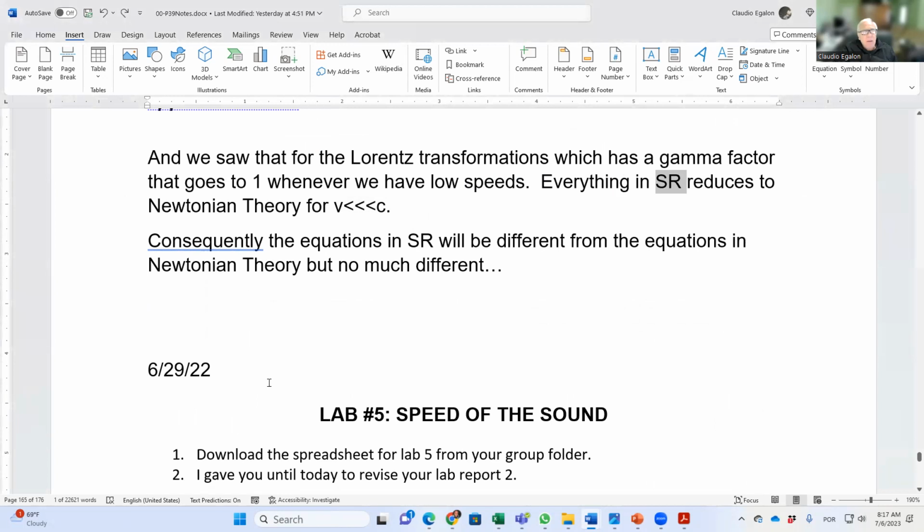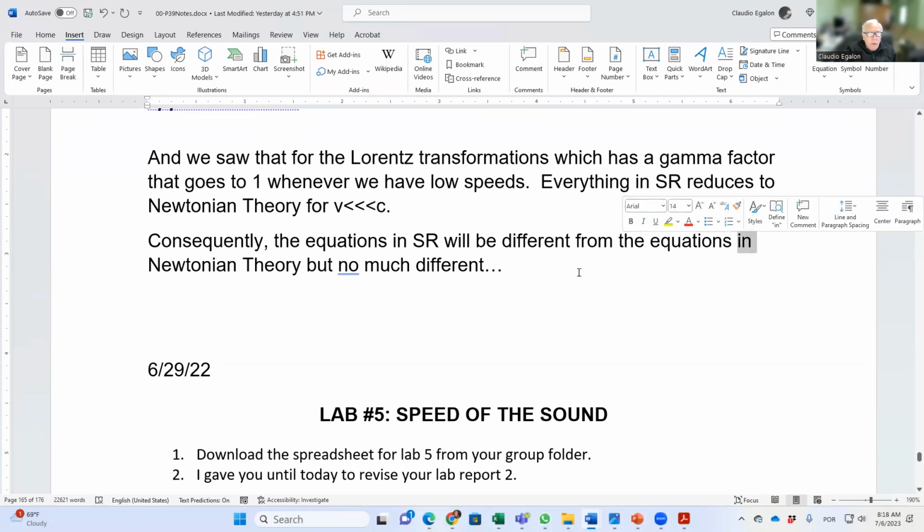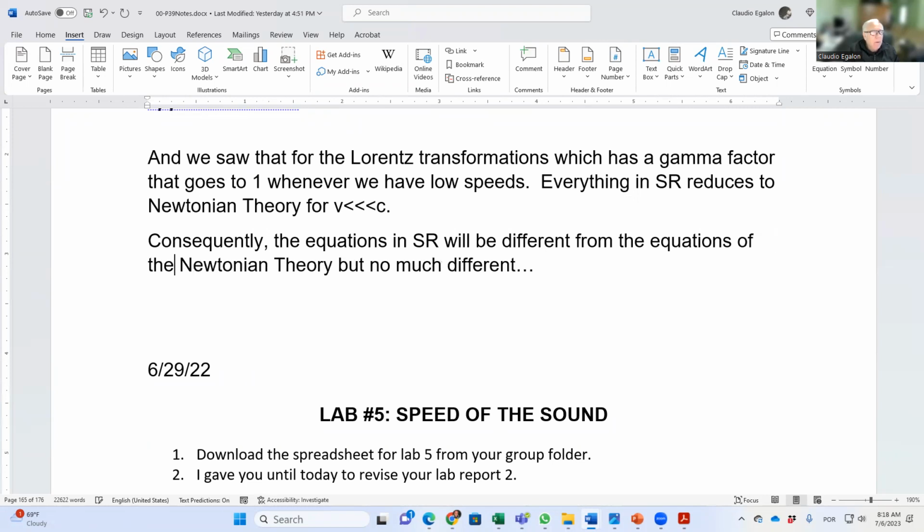But even more important, the equations of special relativity will be different from the equations of the Newtonian theory, but not that much different.